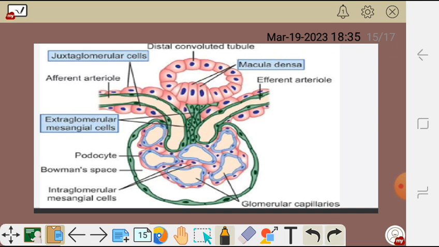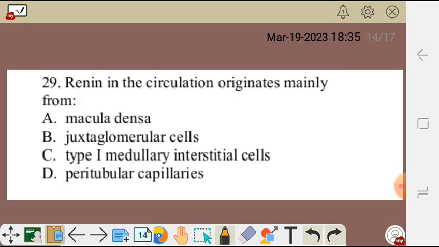Then in the afferent arteriole, that's where we have the juxtaglomerular cells, the cells which produce renin. This is what we call the juxtaglomerular apparatus. So the correct answer is B.